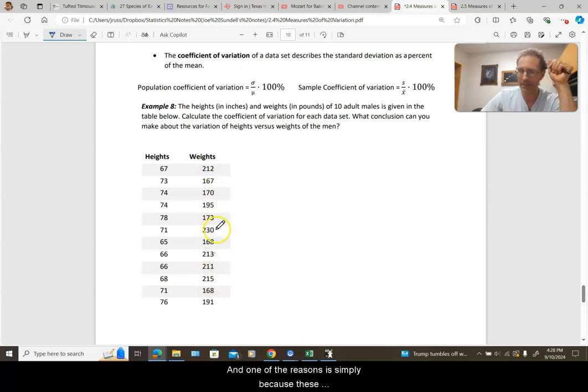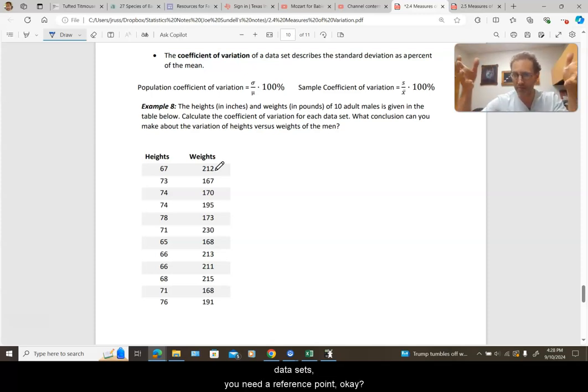And one of the reasons is simply because these numbers are larger. Okay, so they could more or less have the same distribution, but the standard deviation is probably going to look bigger simply because these weights are larger numbers. So when you're comparing the variation in two different data sets, you need a reference point.